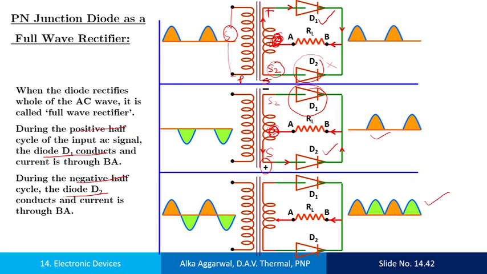The output voltage of the full wave rectifier will be 2 times of that of the half wave rectifier. The efficiency of a rectifier is the ratio of the output power to the input power. The output DC power of a rectifier depends on the ripple factor.